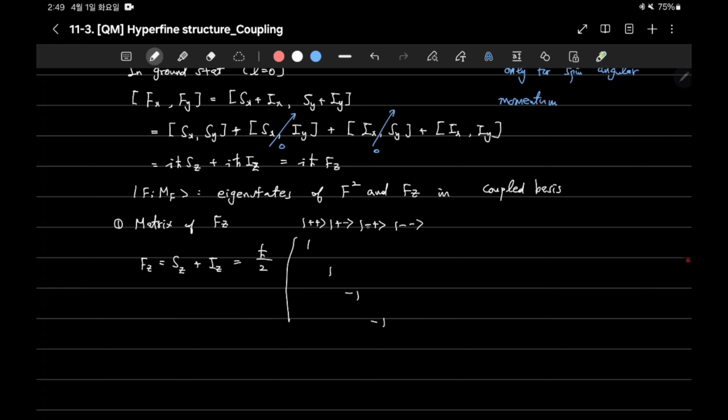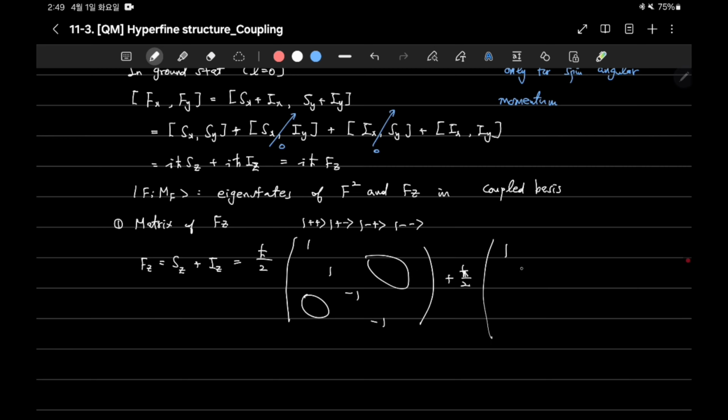For the electronic spin, the minus state has a minus eigenvalue, plus the isospin h bar.